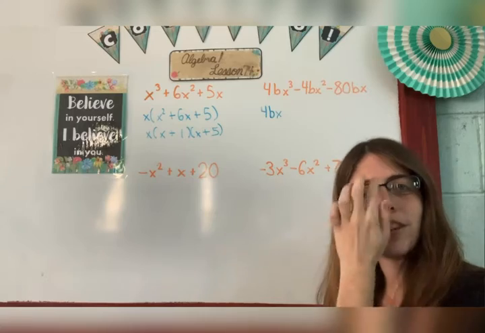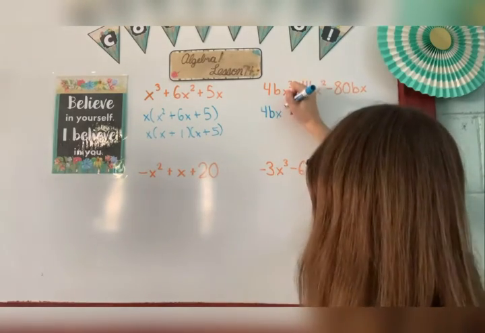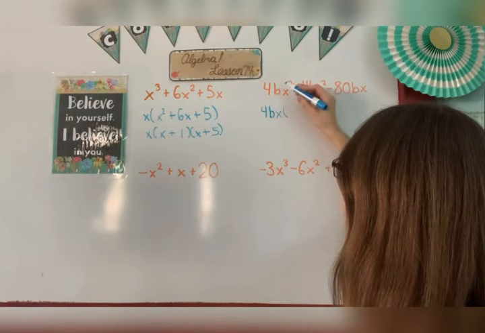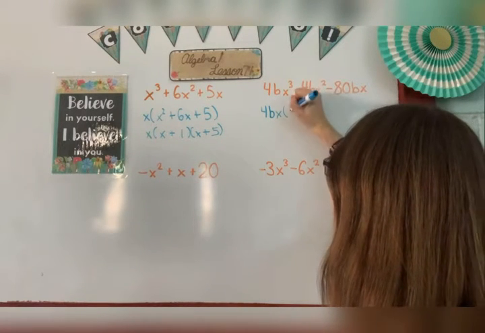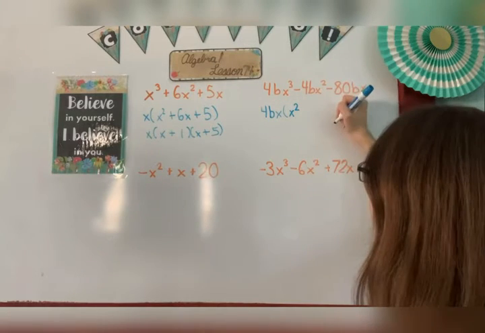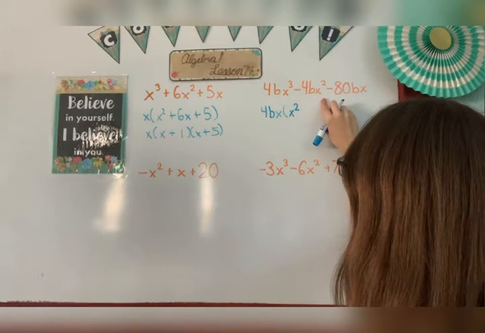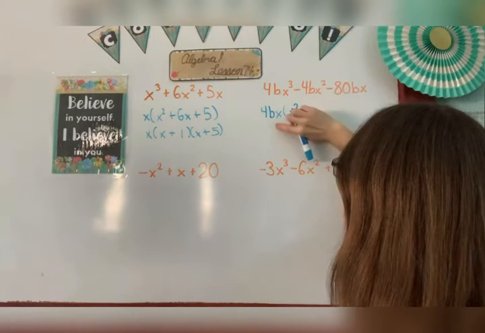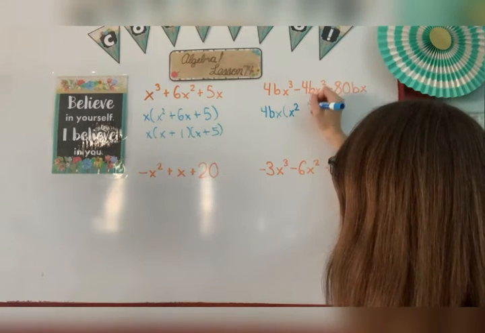So I'm going to factor that out of each of my terms. So here, 4 divided by 4 is 1, b divided by b, it cancels. X cubed divided by x leaves me with x squared. Over here, I have minus 4bx squared. Well, negative 4 divided by 4 is negative 1. b divided by b cancels out. X squared divided by x leaves me with just x.